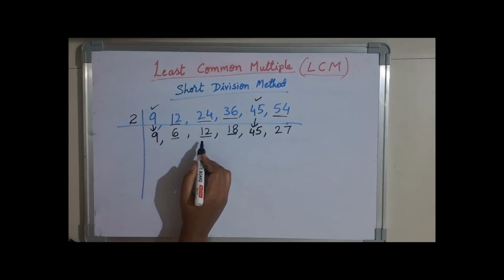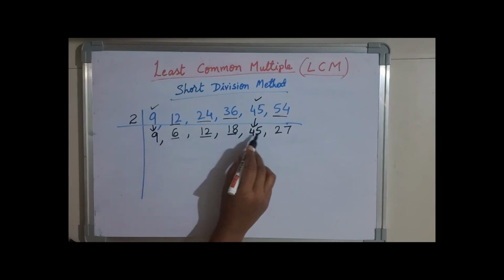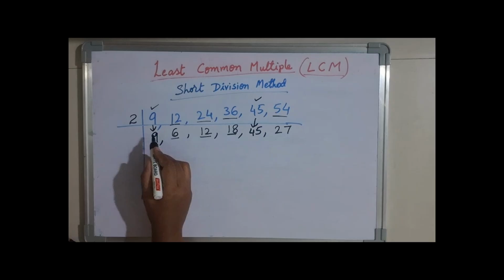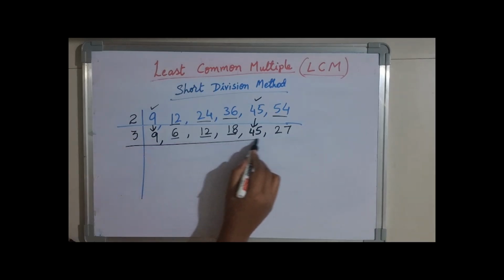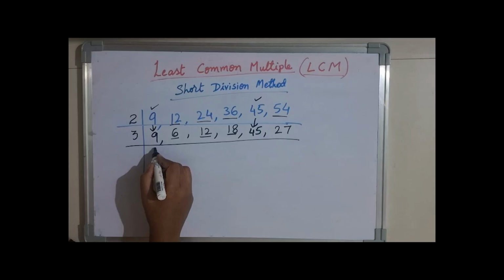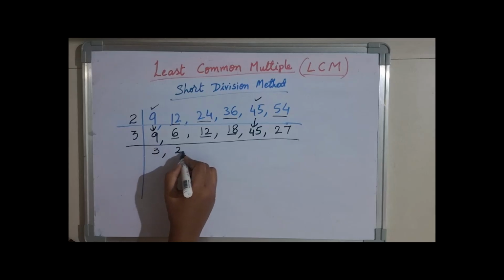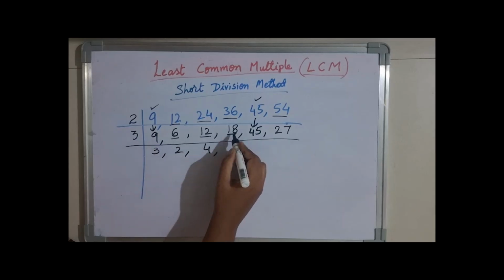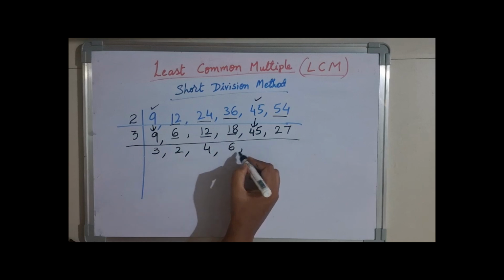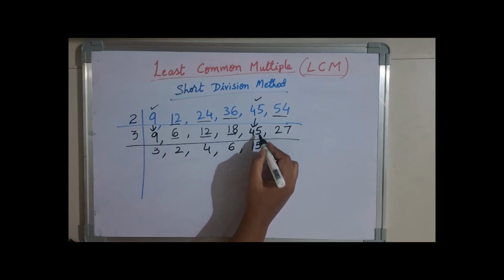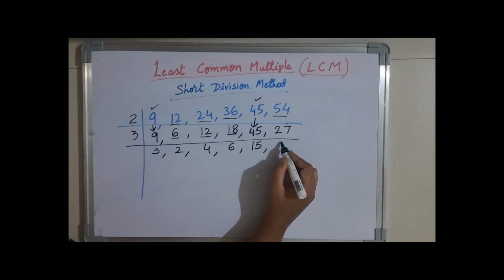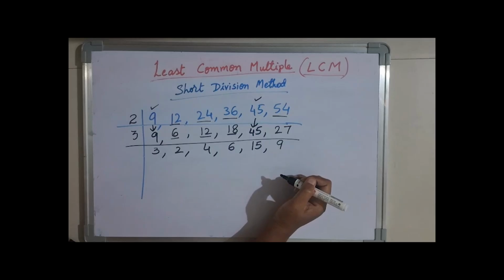But we can also see that all these numbers are divisible by 3. So we can take 3 here. What do we get? 3 threes are 9, 3 twos are 6, 3 fours are 12. This is 3 sixes are 18. Next, this is 3 fifteens are 45. This is 3 nines are 27.